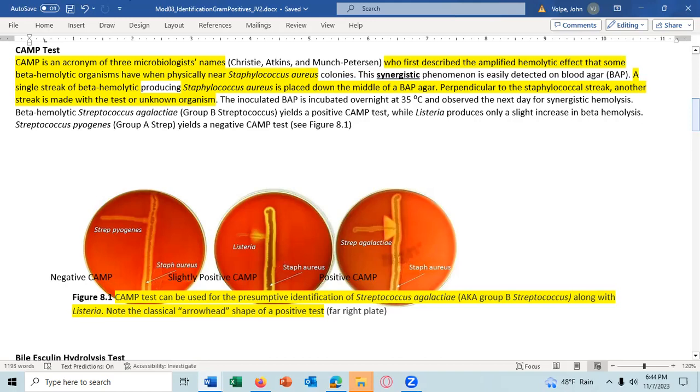What you do on this test, the CAMP test, is you get a blood agar plate and you make a single streak of Staphylococcus aureus down the plate this way. And then you place your test organism perpendicular to the Staphylococcus aureus. So you streak it this way.